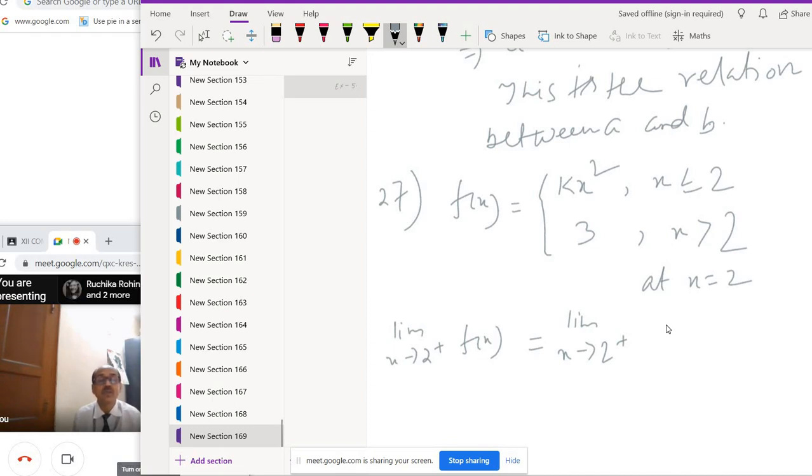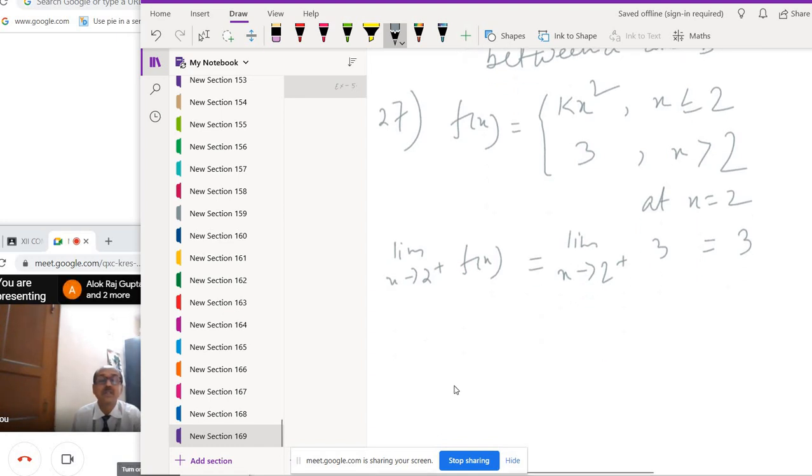So greater than 2 it is 3. No x is there, so it is equal to 3. The right hand limit value is 3.